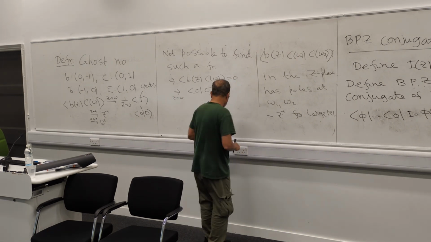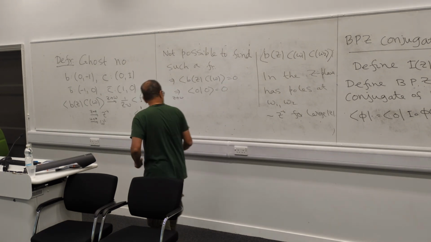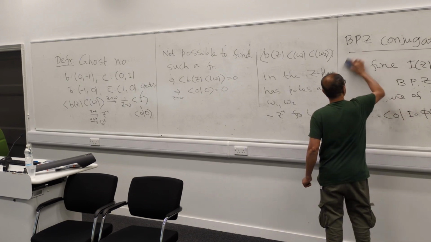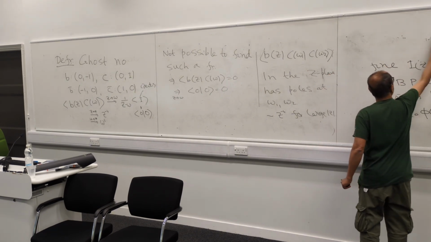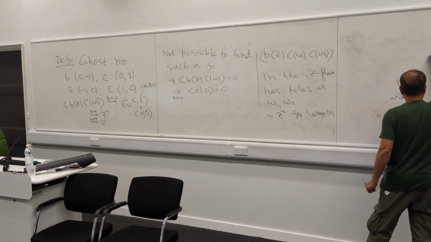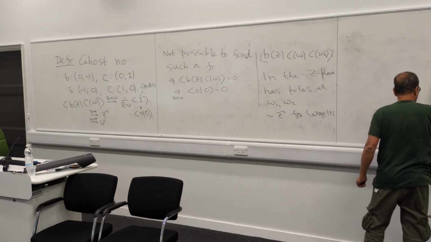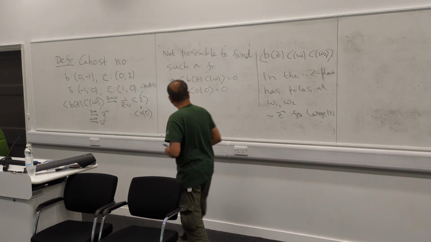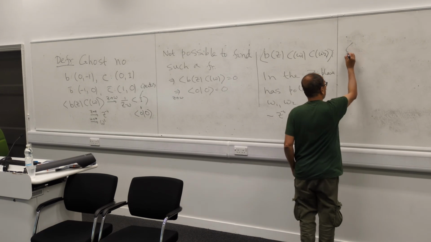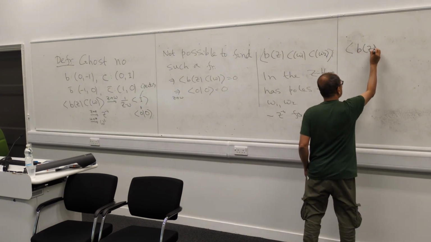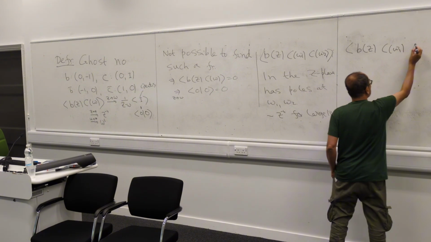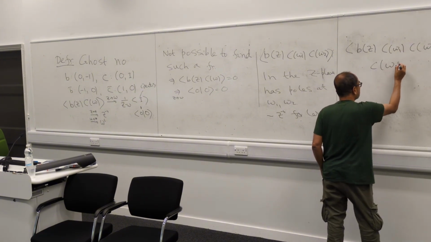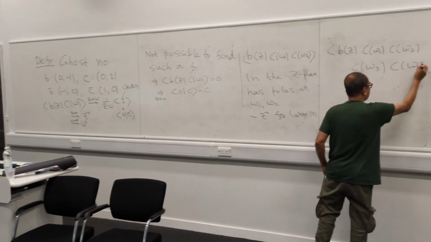So b of z, the function that can be non-zero is this one: b of z, c of w1, c of w2, c of w3, c of w4.